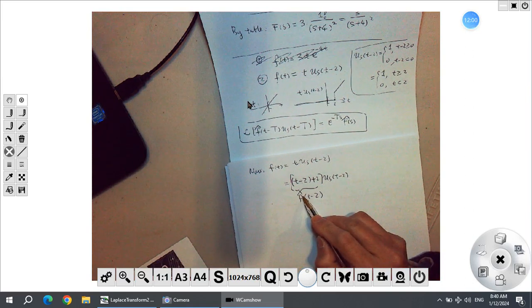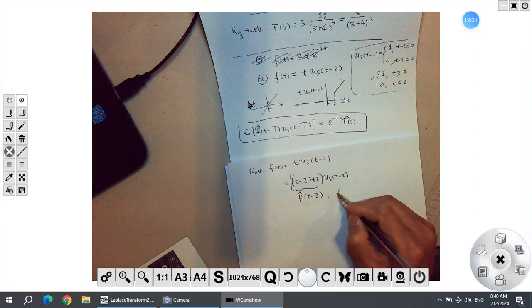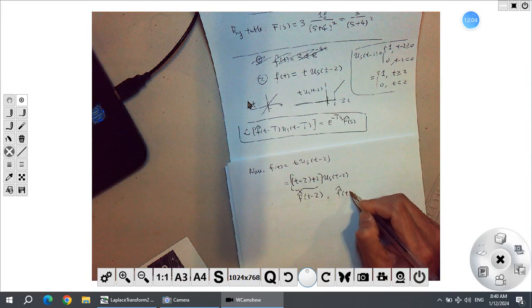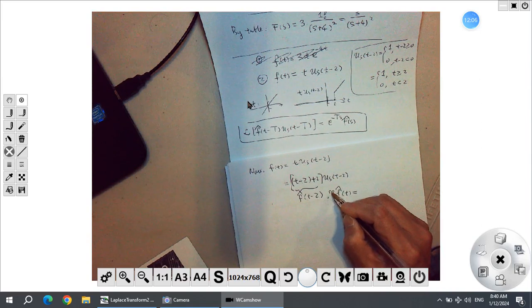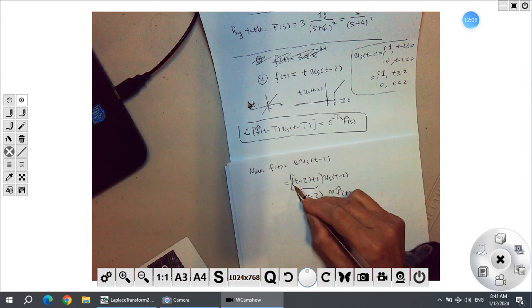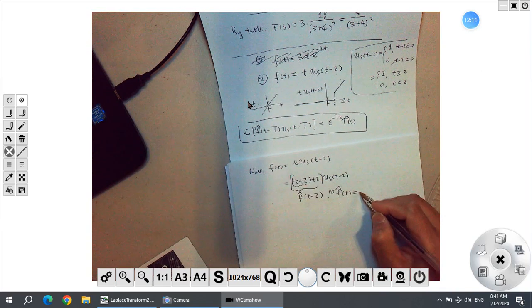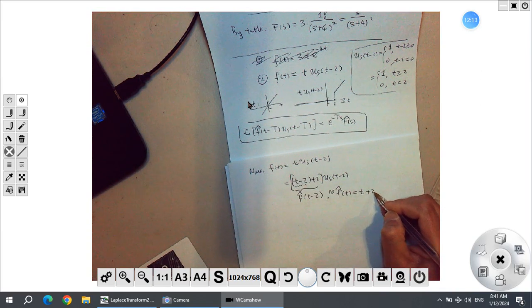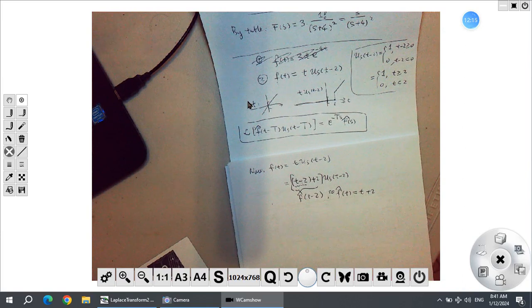And then what is f hat? This is t minus 2, so f hat is t plus 2. Make sense? For f hat of t, we replace t by t minus 2, and we get this part.